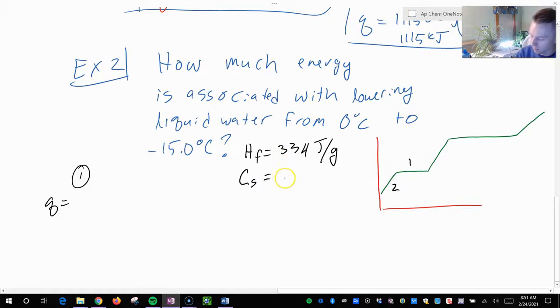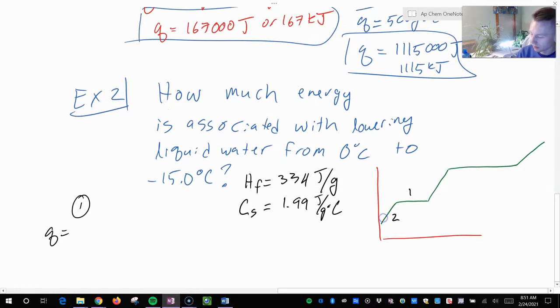Sorry if I'm wrong. I believe it's 1.99 joules per gram degree Celsius. Lowering liquid water from here, and let's say that the mass of the water is 50 grams. There you go. Now see if you can do the problem.